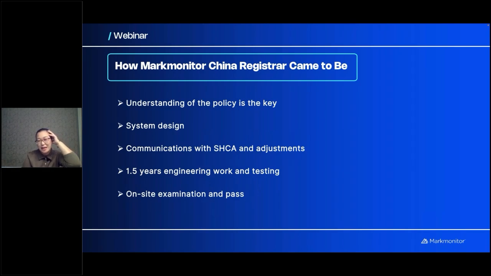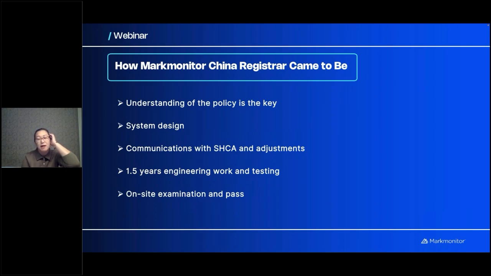And I talked with the team, and I told them many times that understanding is always the key, because China is a very big country, and I also understand that the policies are very complicated. I try to explain to the team that for each rule, each policy, there is a story in the background.